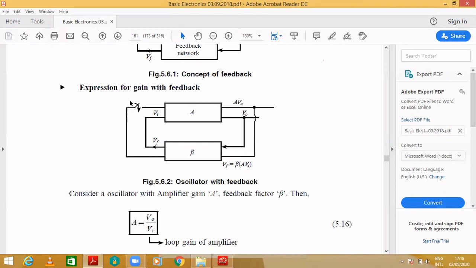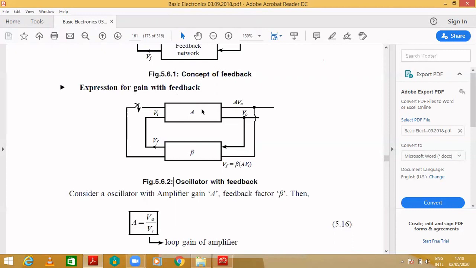So your gain should be increasing, not decreasing. Without that, how will you get the output? Inside that amplifier, you know a transistor will be there. The inside connection of an amplifier is just a connection of a transistor.